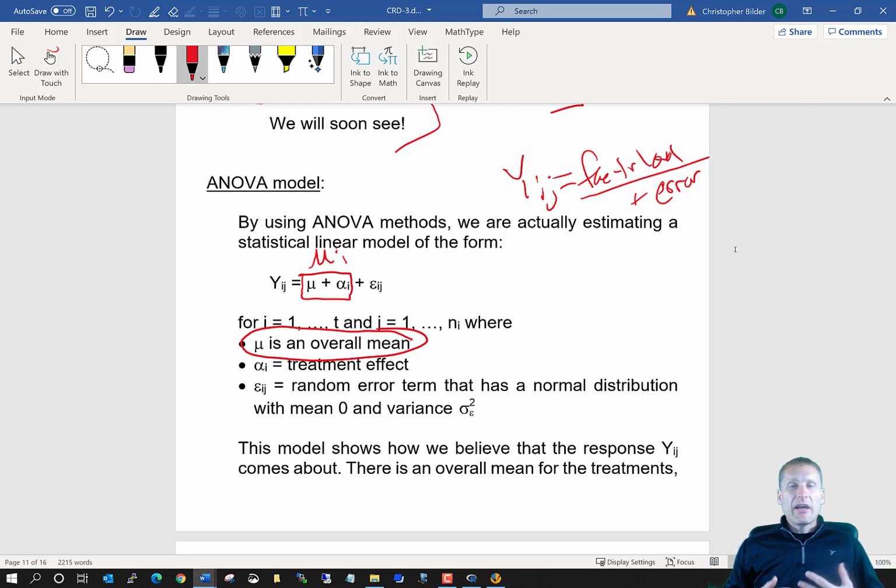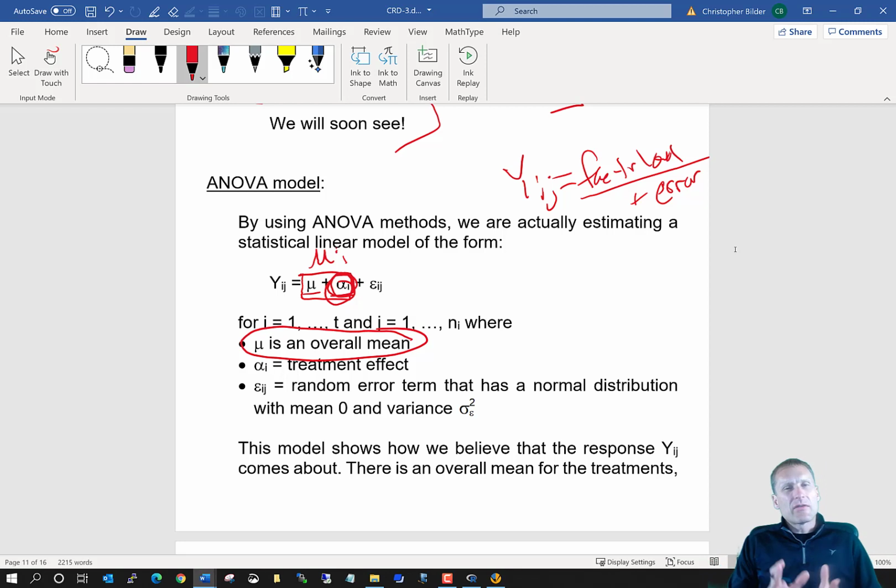And then we take into account that, well, if I use a different design type, I might have a different y sub ij. So this alpha sub i then represents, let's say, the treatment effect. How will the design type affect y sub ij? And so basically it could be positive, it could be negative, and it adjusts that overall mean by some numerical value, so that we can get at what the response is.